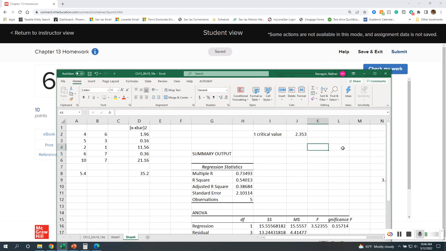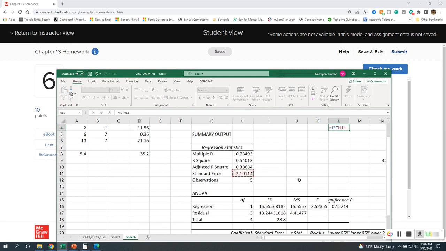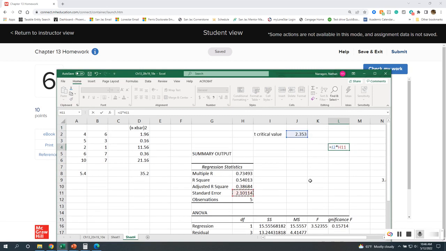Okay, so let's start piecing together a little bit of our formula. So we know the confidence interval level is our t statistic multiplied by our standard error. Right there. See, it's already done for us.